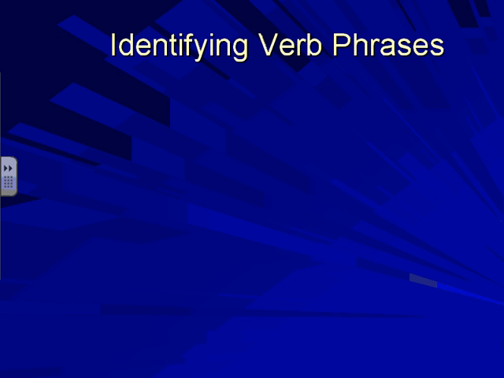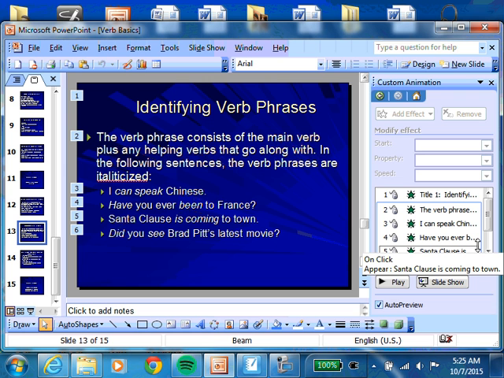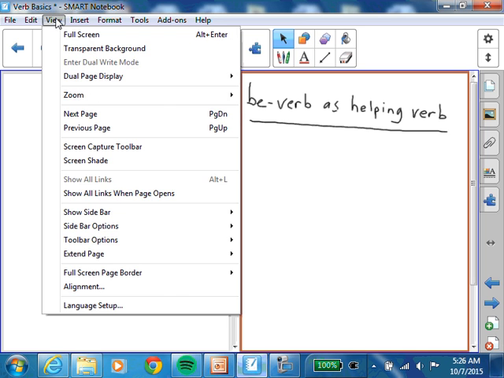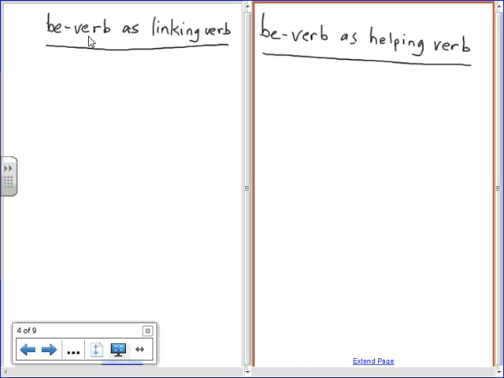Now, before we go on to perhaps the most important part of this second half of the presentation on identifying verb phrases, we're going to once again jump out of the PowerPoint and go over to our smartboard files, and we'll make this full screen here so that we can have a little bit more room to work with.